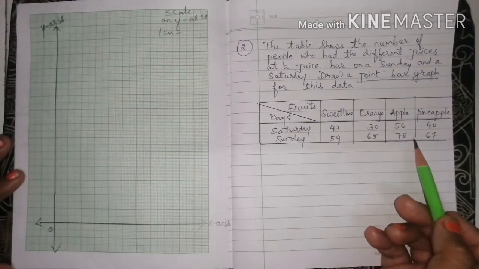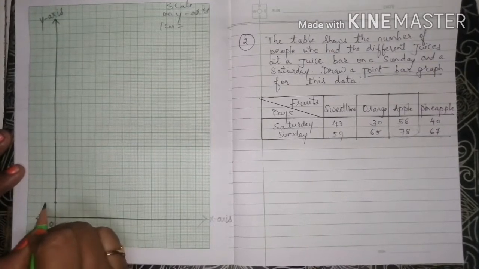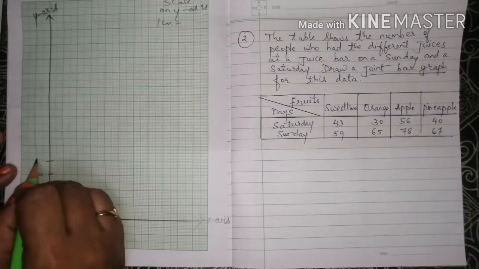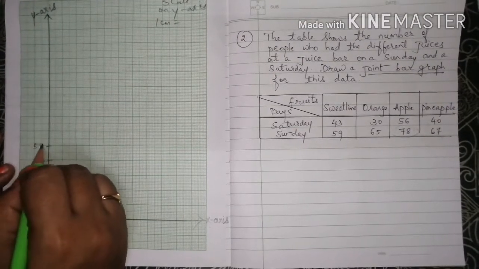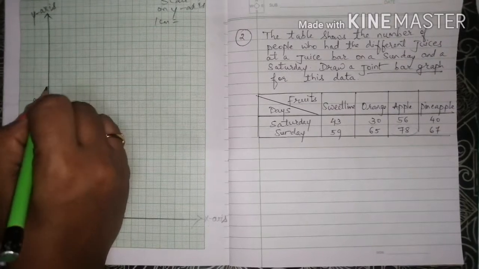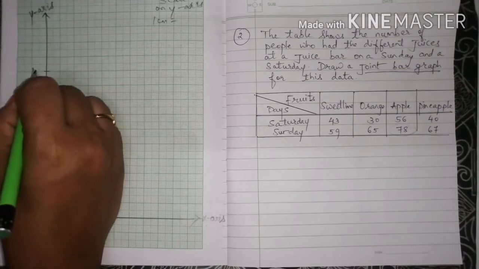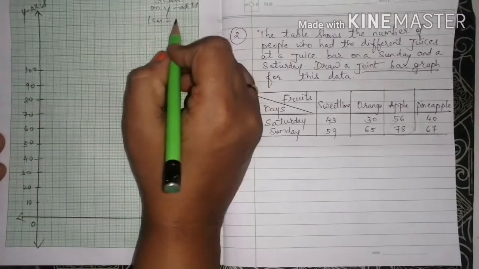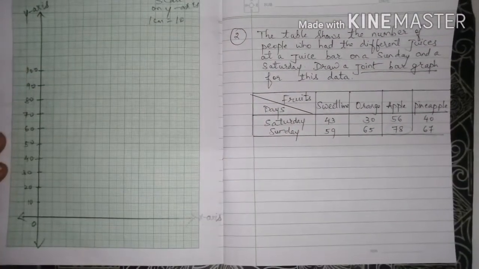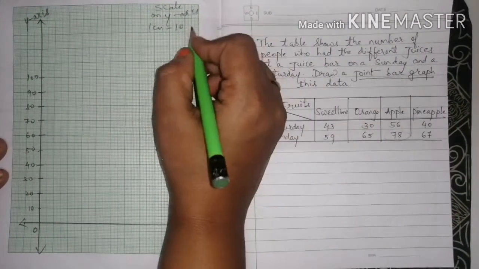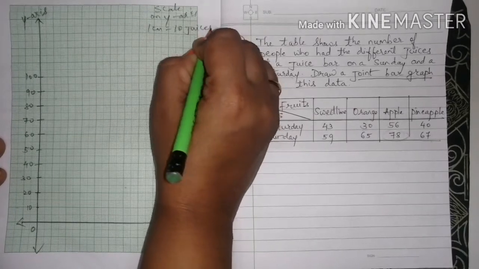So you can take it as 10 only. So 1 centimeter I am taking as 10, 20, 30, 40, 50, 60, 70, 80. You can show some extra also, no problem. So after marking the scale, this is 1 centimeter equals 10 people.